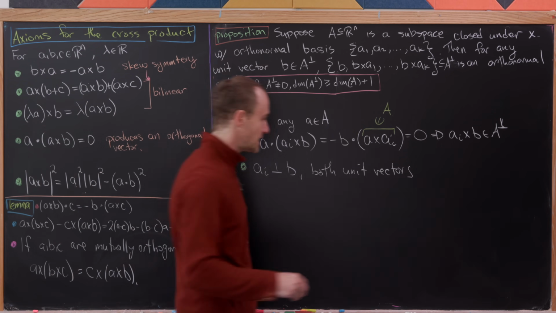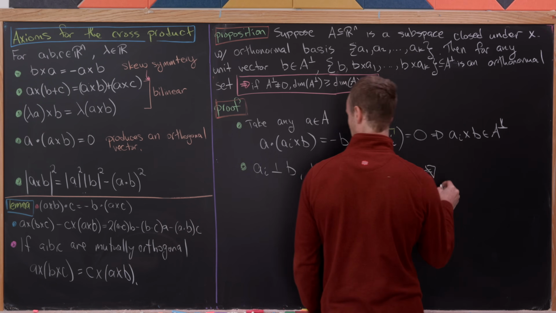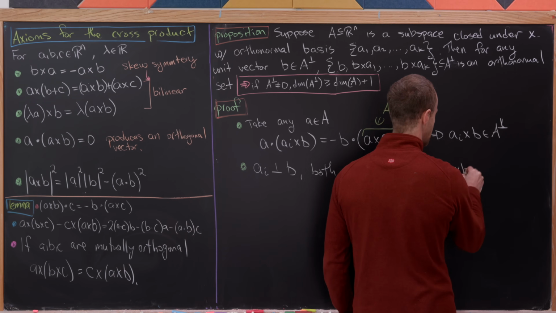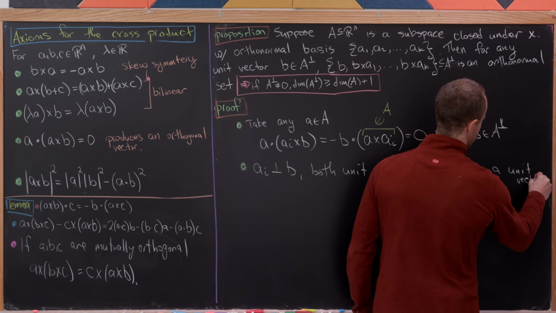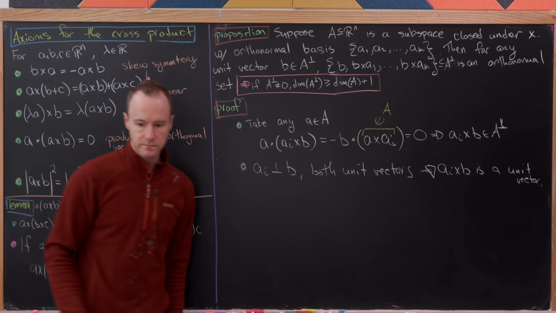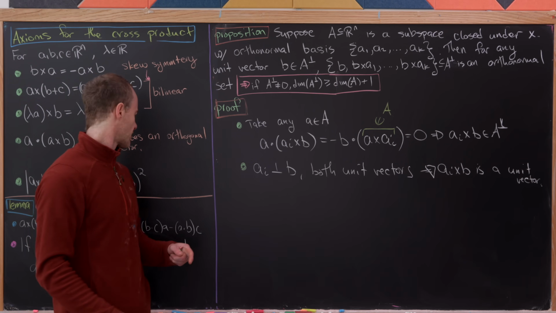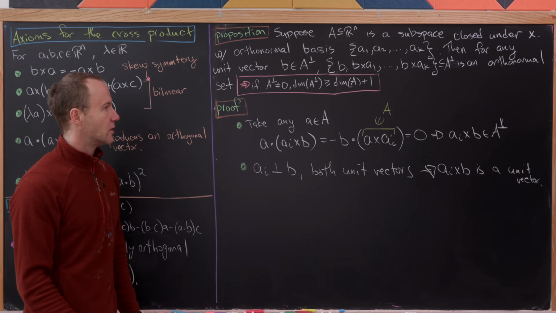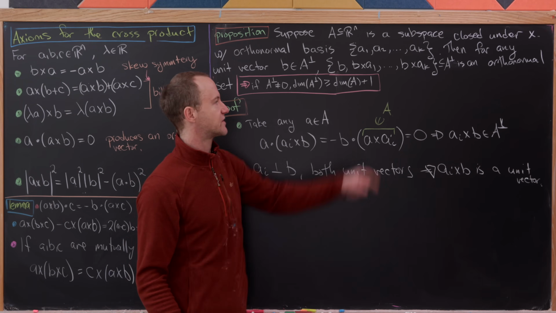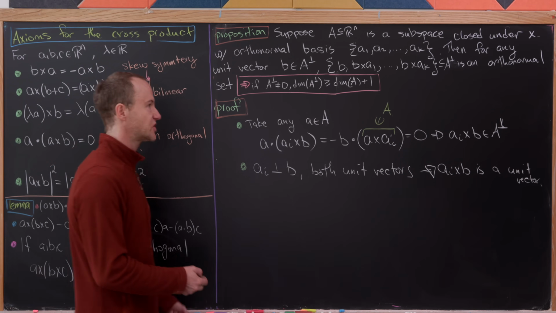And so that means that, yes, we can apply that here, and we have a_i cross b is a unit vector. That's all we need to do. And, well, we could work that out if we wanted to, but notice that the length of a_i cross b will be the length of a_i times the length of b minus their dot product squared, but their dot product is 0. These are both 1s. There you have it.